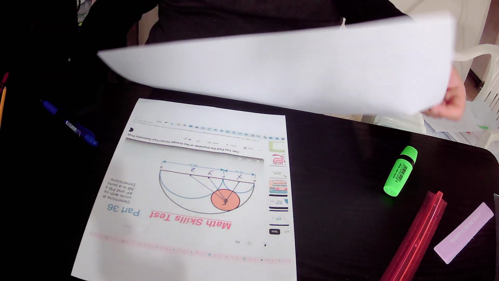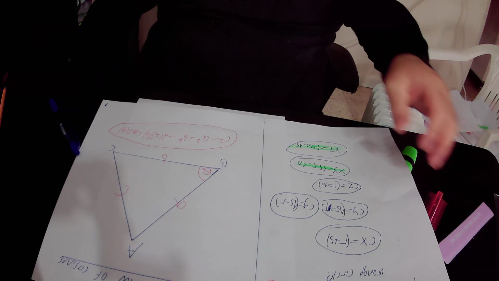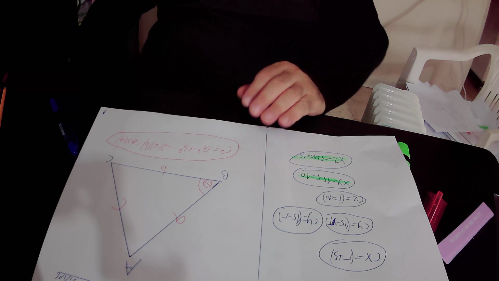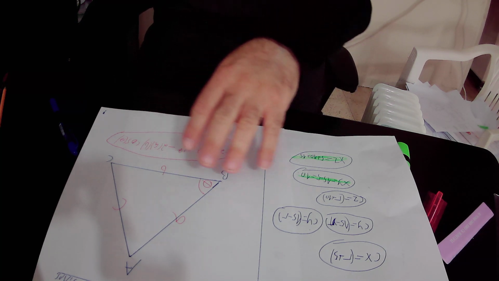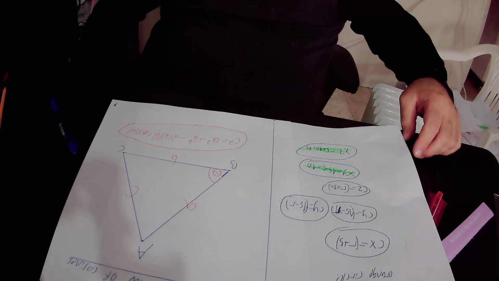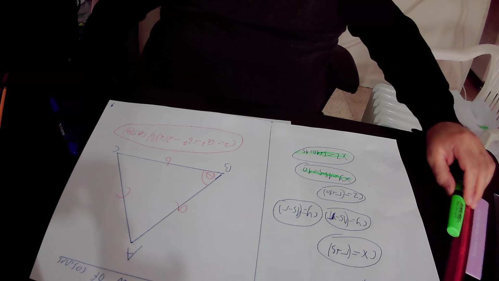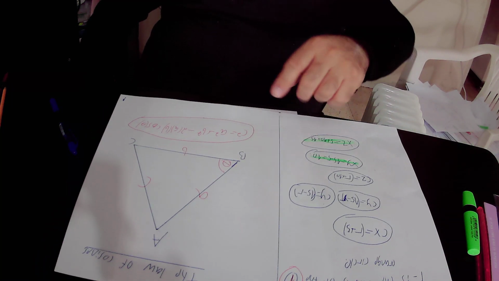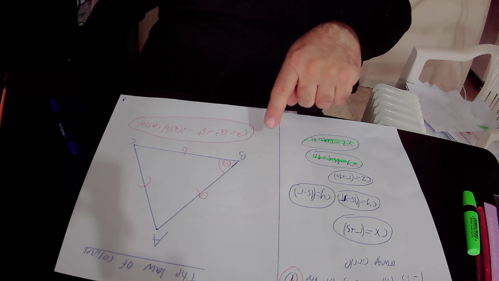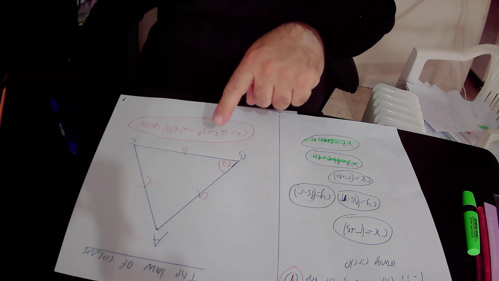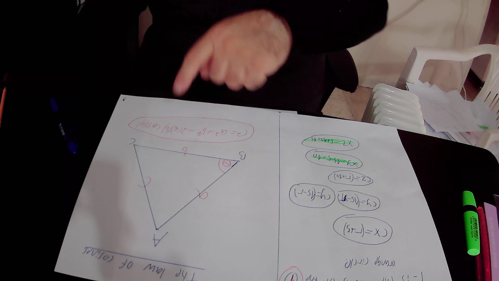Then I presented to you the law of cosines that is true in any triangle. Here we have triangle ABC that could be any triangle. AB equals A units in its length, BC equals B units in its length, and AC equals C units in its length.